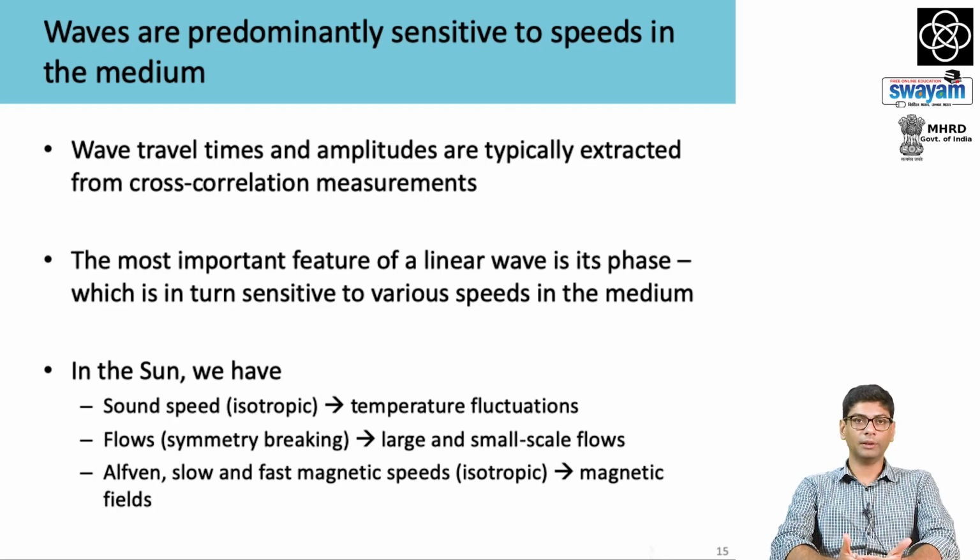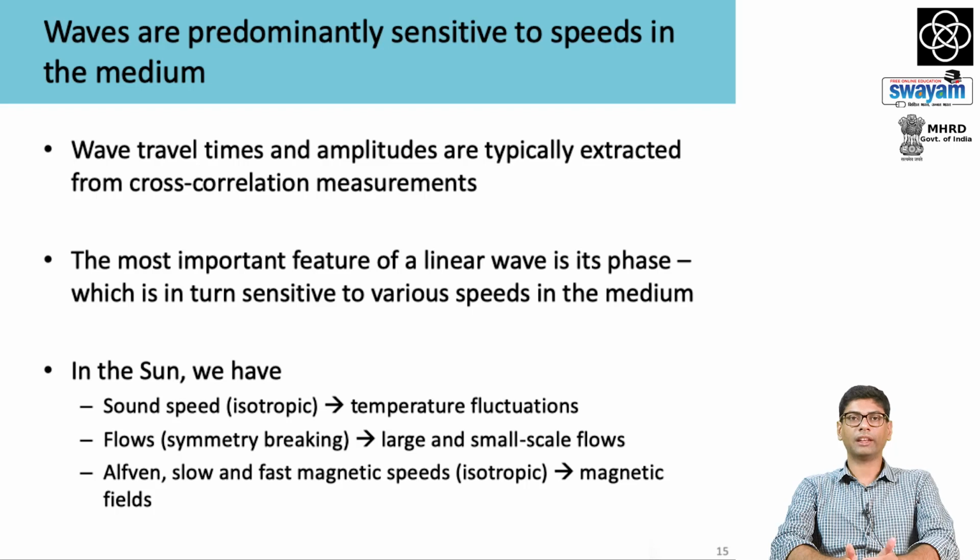The second, slightly more complicated speed is through flows. So imagine that there is rotation and you have a wave. If the wave is going in the direction of rotation, or on that flow, then it's sped up, so its travel time decreases. If the wave is going in the opposite direction to the flow, then its travel time increases.